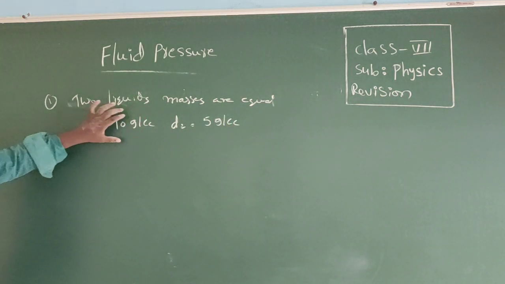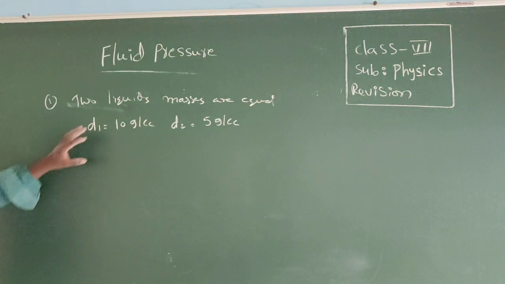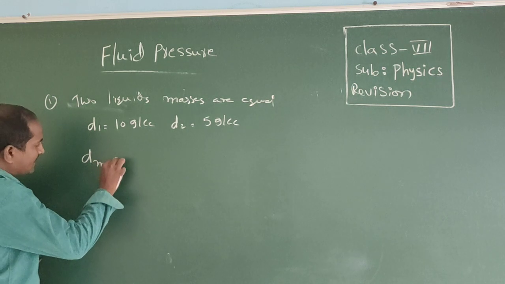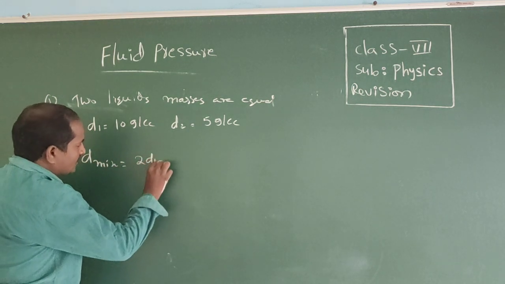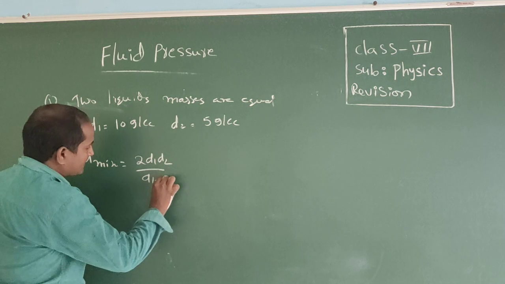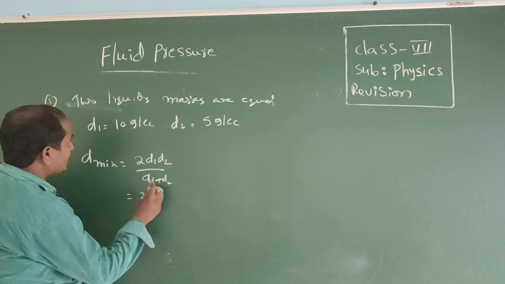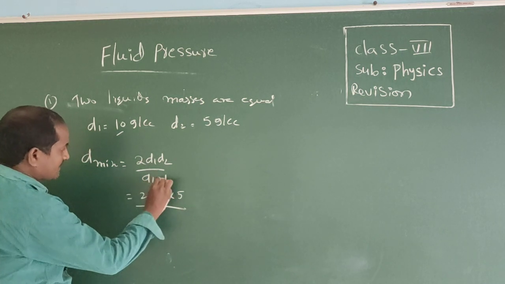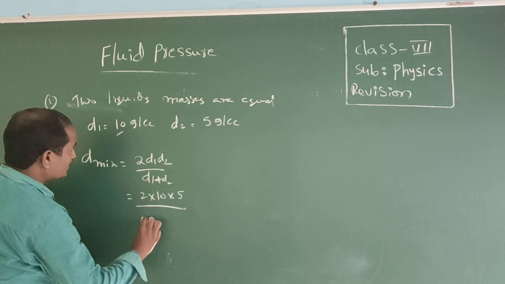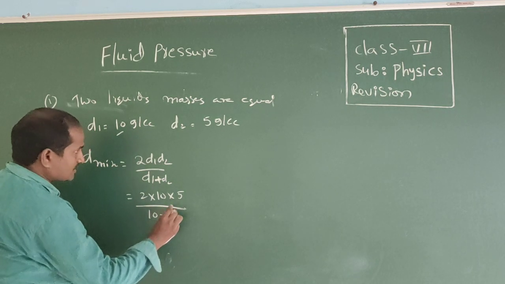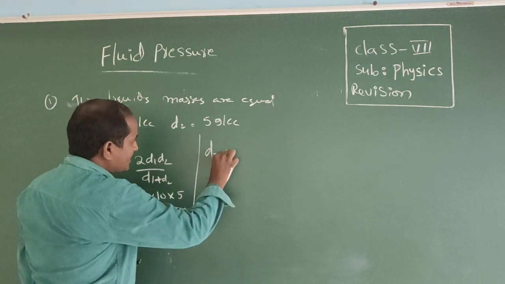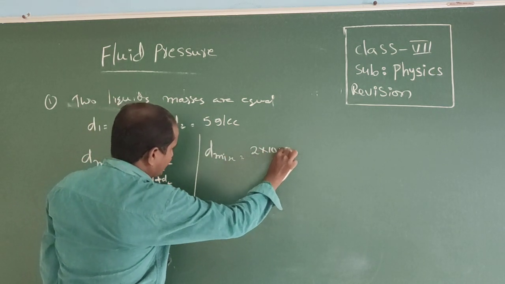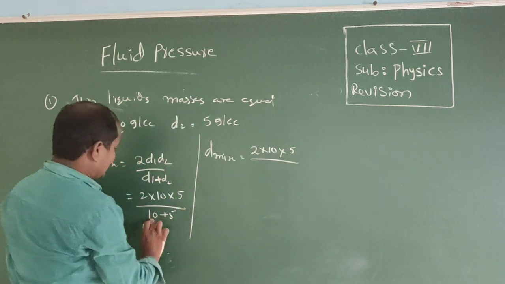What is the given condition here? The two liquids have equal masses. So the density of the mixture, since mass is equal, equals 2 into D1 D2 by D1 plus D2, that equals 2 into 10 into 5 by 10 plus 5.